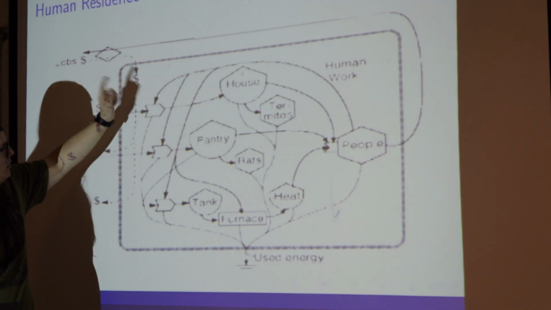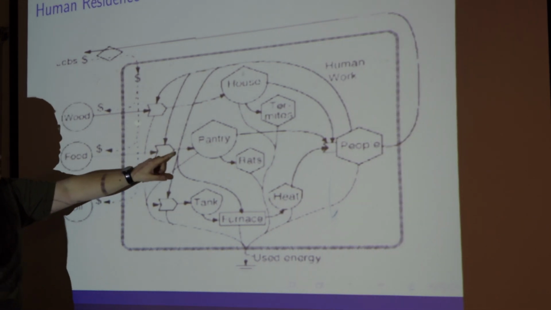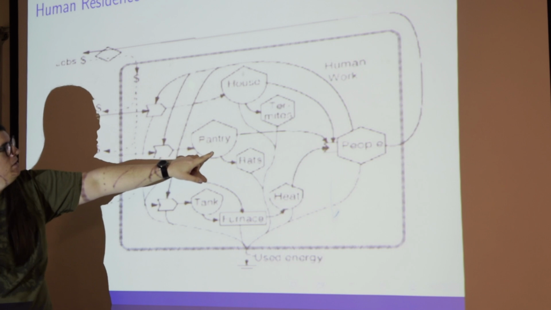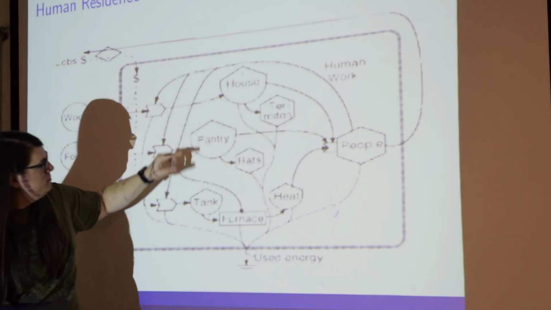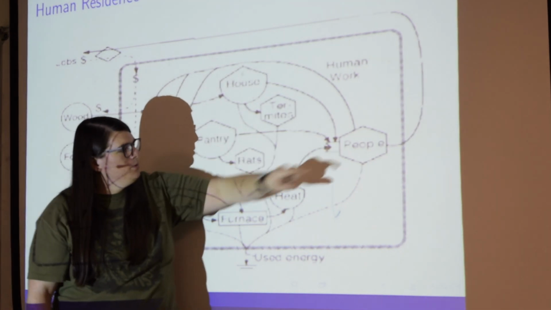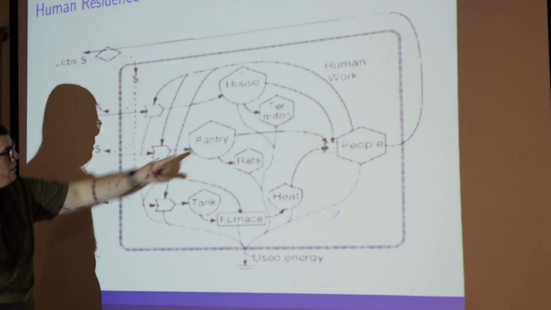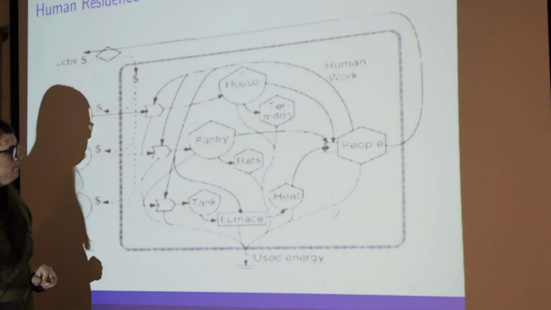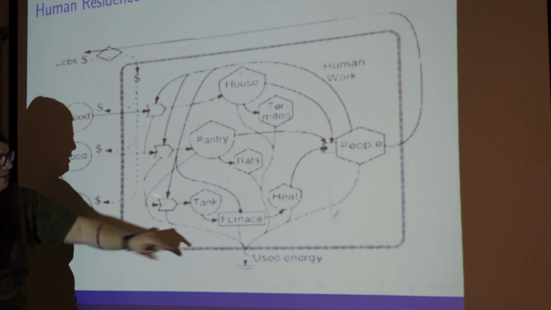People interact with the food, and it produces stuff stored in the pantry. Stuff stored in the pantry contributes to people continuing to live. It also contributes to the rats continuing to live. And it also has heat loss.